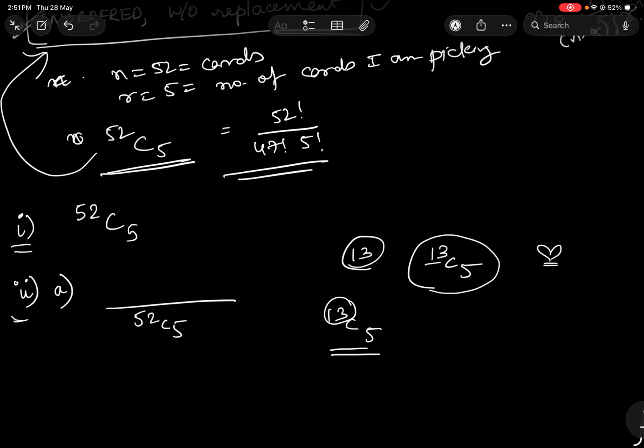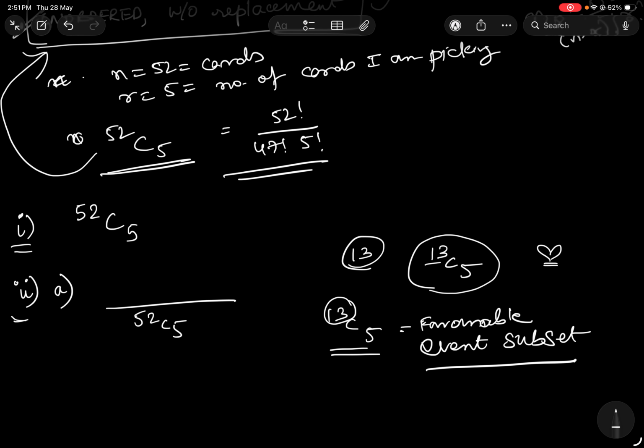This is our favorable event subset. So the probability is the number of elements in event A divided by the number of elements in the whole sample space, and hence we have calculated our first probability.